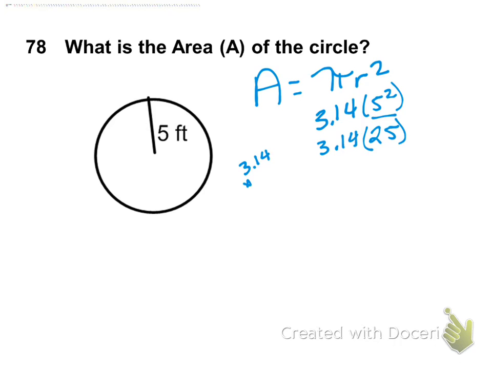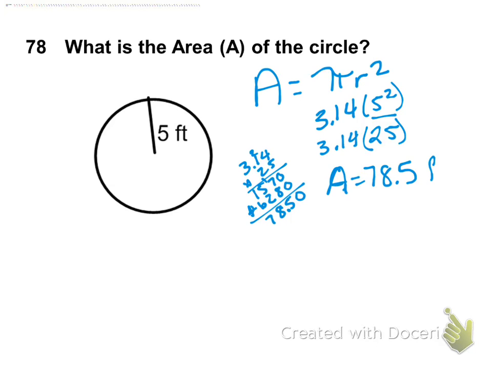Let's see if you can beat Coach Schweitzer. 4 times 5 is 20. You should have an answer of area equals 78.5, and then don't forget to label, so this would be feet squared.